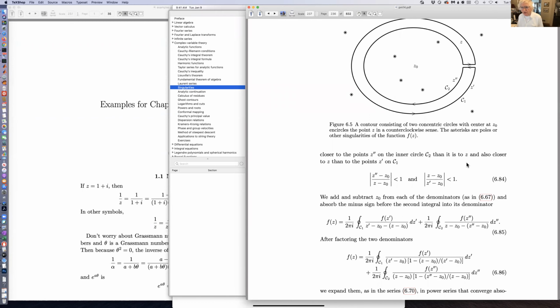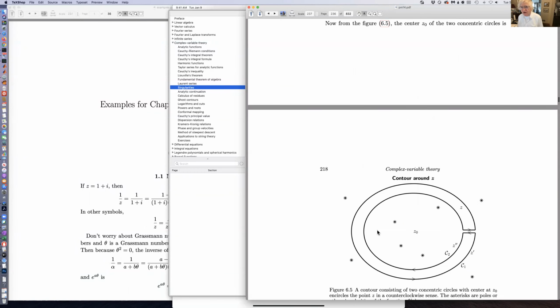Well, I shouldn't say it was a zero integral, because we were integrating 1 over z prime minus z around the contour. And so we got f of z.